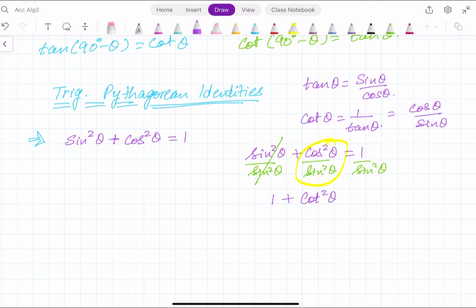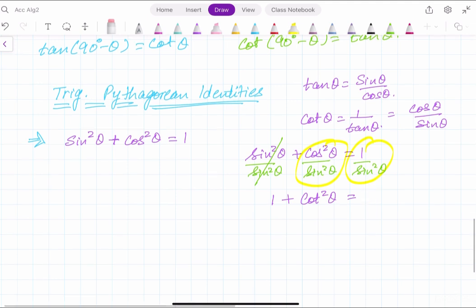That is cosecant theta, so it is equal to cosecant squared theta. So this is another identity. Along the same line, you can derive more identities. So let me write down this identity.